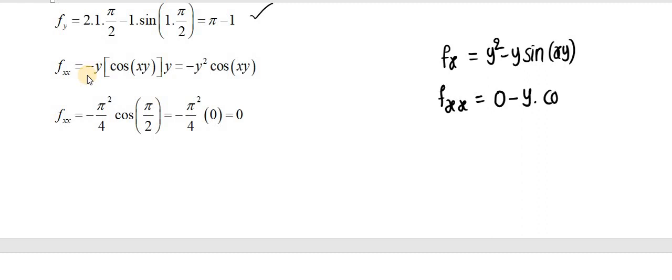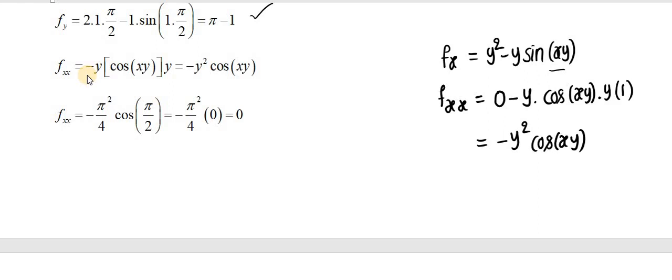Sine differentiation is cos of xy. Again, by using the chain rule, I want to do the partial differentiation of the angle. Here also y is constant, for x it is 1. Finally, the partial differentiation of fx with respect to x, that is fxx, is minus y square cos of xy.